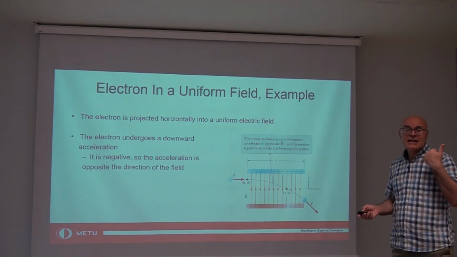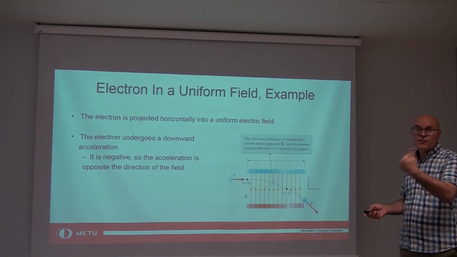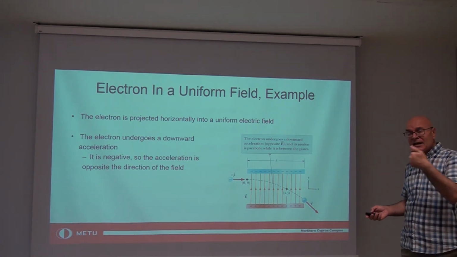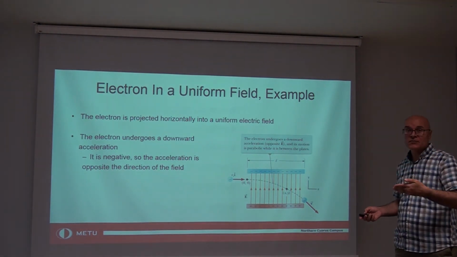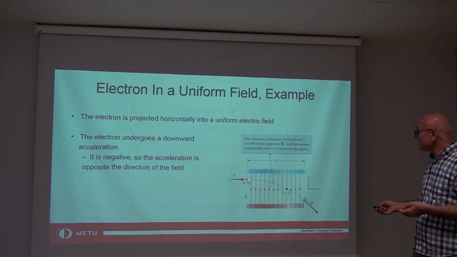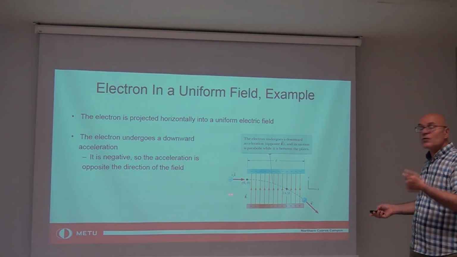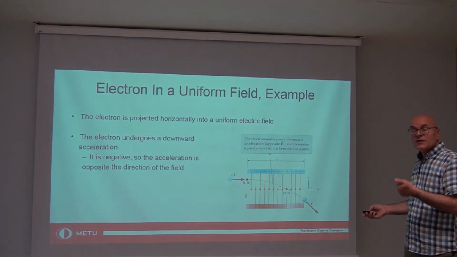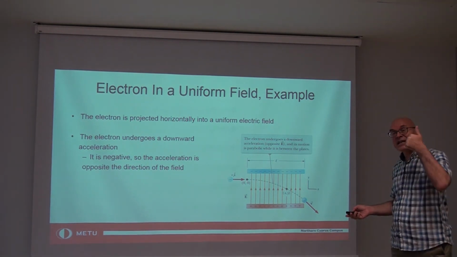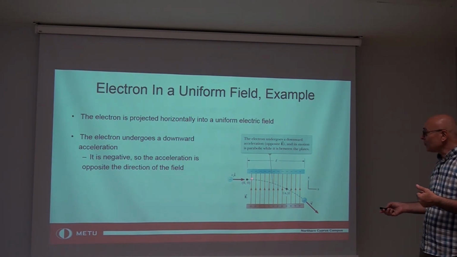Why? Because its charge is negative, so the direction of the force is opposite to the field, and the direction of the acceleration, which is along the same direction as the force, is also opposite to the field. So the force on the electron as it enters the field will be downward. Because the field is uniform, that force will be constant, which means it will move with a constant acceleration downwards.